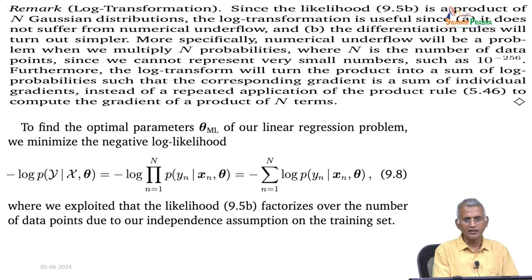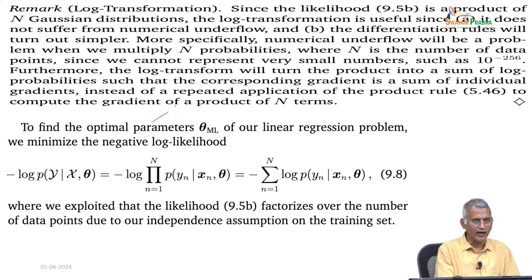More specifically, numerical underflow will be a problem when we multiply n probabilities, where n is the number of data points, since we cannot represent very small numbers such as 10^-256. Furthermore, the log transformation turns the product into a sum of log probabilities such that the corresponding gradient is a sum of the individual gradients, instead of a repeated application of the product rule to compute the gradient of the product of n terms.